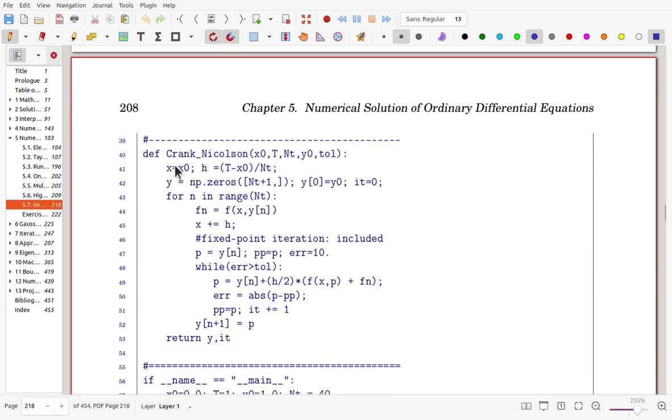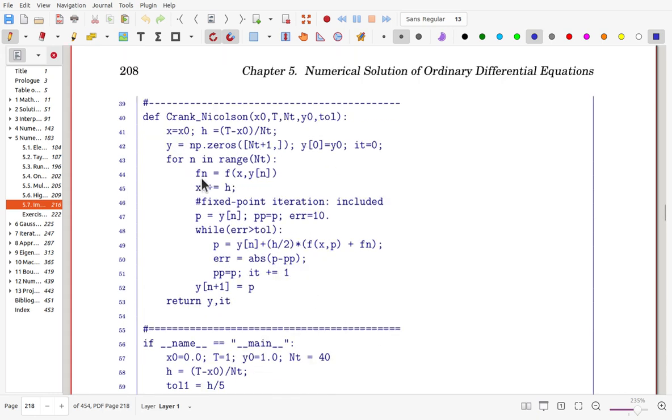Okay, and we define another algorithm, which is the Crank-Nicolson method. For that one, Fn is defined, and rather than a separate fixed point iteration, the fixed point iteration is implemented inside here.